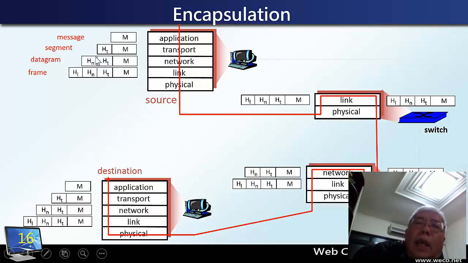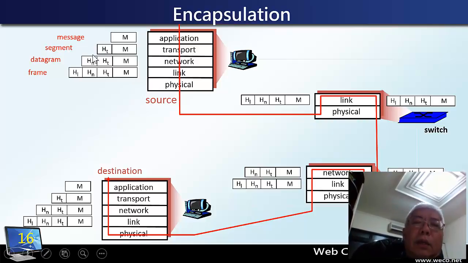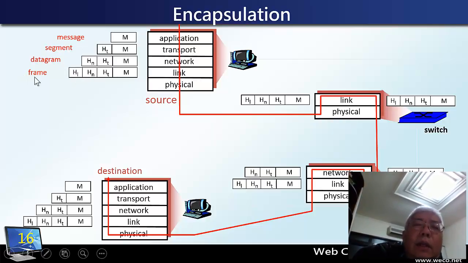some more headers together with the segment sent from the transport layer. Then that becomes an IP datagram. The IP datagram is still within the operating system. Then one layer beneath, at the link layer, your network card will add another header, and that makes it a frame.